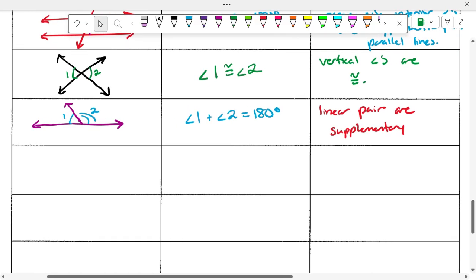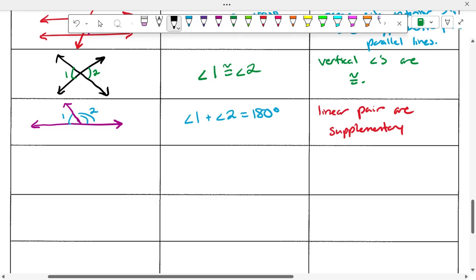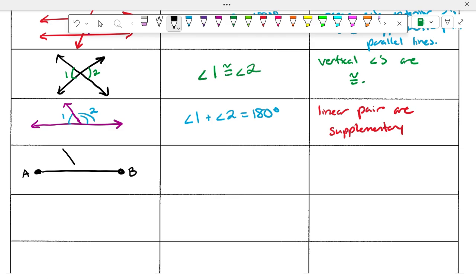Now, let's say we had a line segment. Let's call it AB. Now let's say a line cut through it. Let's call that line L. And it just so happened that it cut through at the midpoint. Let's call it M. So first off, if a line cuts through another line at its midpoint, what's that line called?